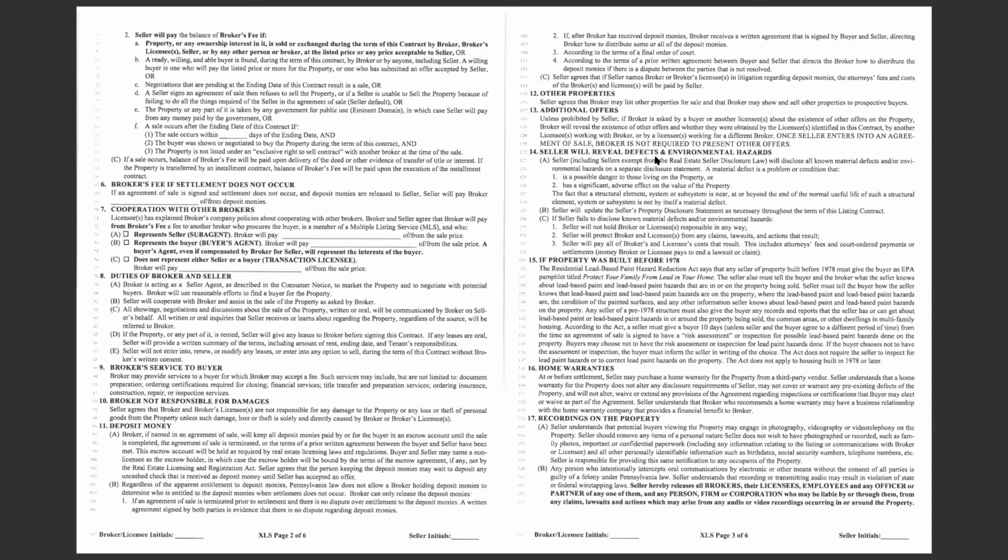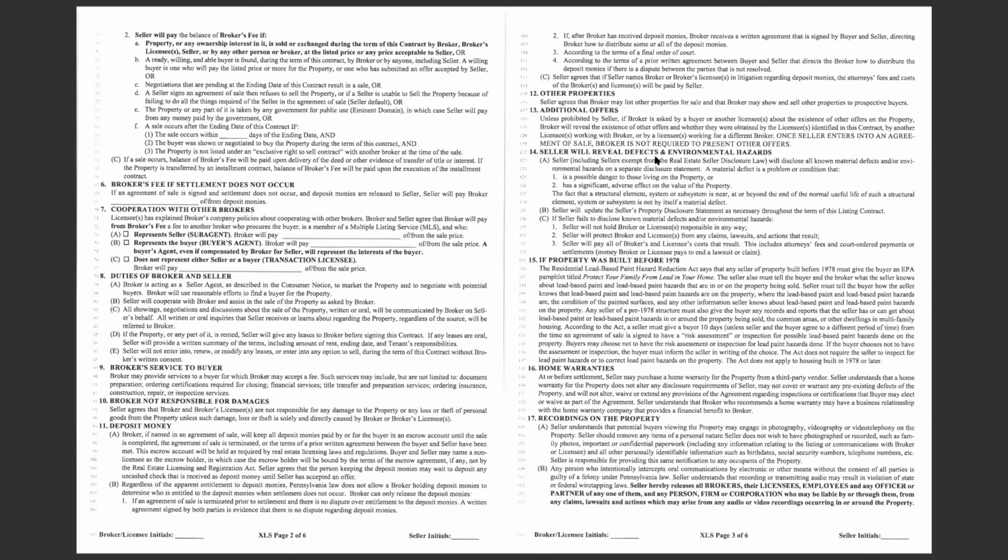All right, paragraph 8. Duty of broker and seller. Broker is acting as the seller's agent, as described in the consumer notice. See, so clearly you always have to do your consumer notice first to market the property and negotiate with potential buyers. Broker will use reasonable efforts to find a buyer for the property. Seller will cooperate with broker and assist in the sale of the property as asked by broker.